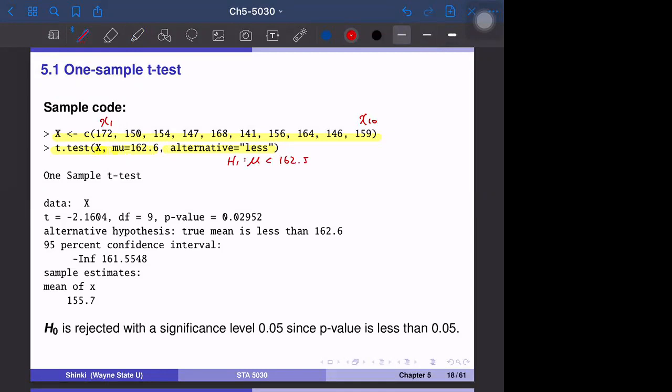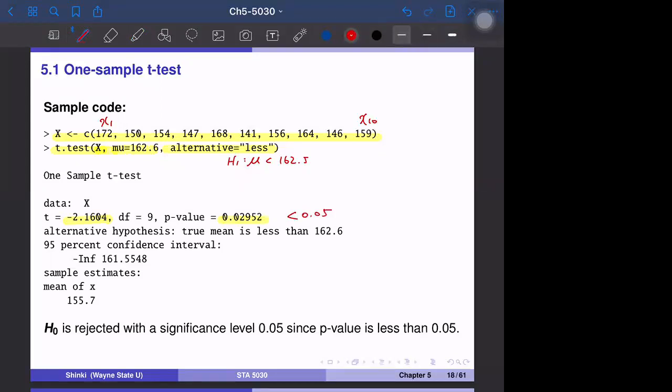Then this is the test result, the t-statistic is negative 2.16. So actually the X bar is a little lower than 162.6. And the p-value is 0.02952, which is less than 0.05.